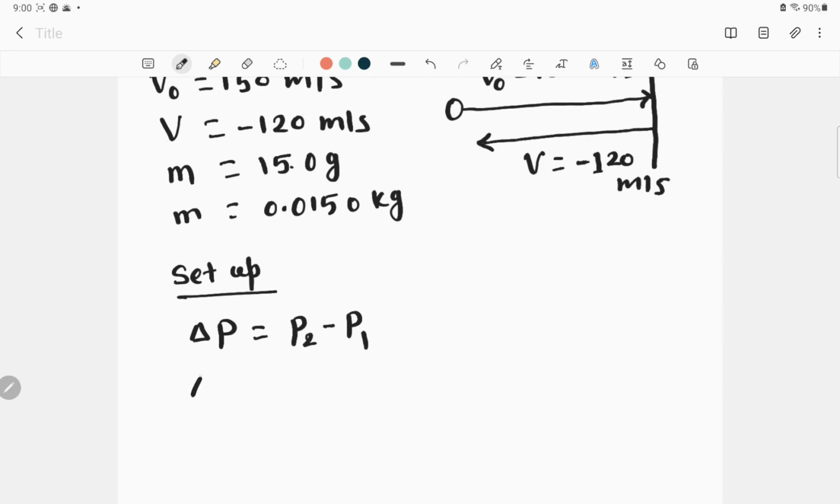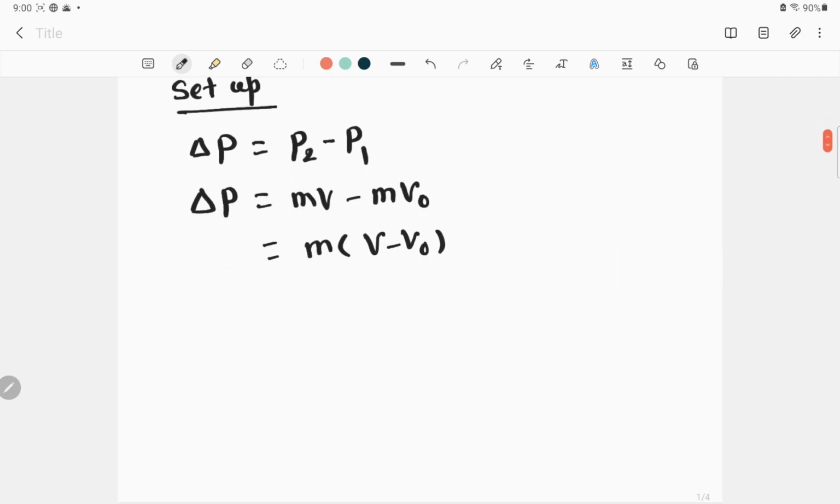So I can write delta p is equal to mv, which is the final momentum, minus the initial momentum, mv naught. Okay, so mass is common here, m times (v minus v naught). So this is the setting of an equation.